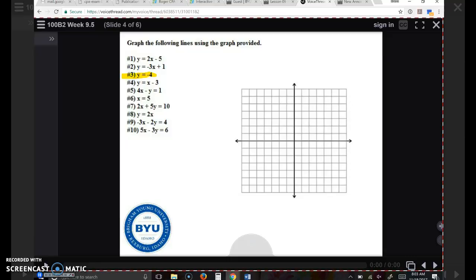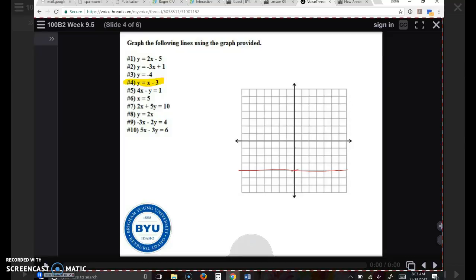So in this case, y equals -4, we're going to go 1, 2, 3, -4 on the y-axis. It doesn't matter what x you choose, it's always going to be -4. So it'll be a straight horizontal line at -4. Okay, that's number 3. Okay, let me do number 4 now.